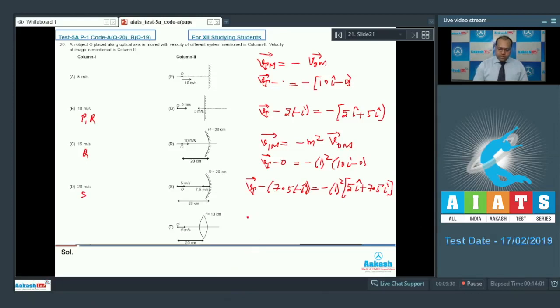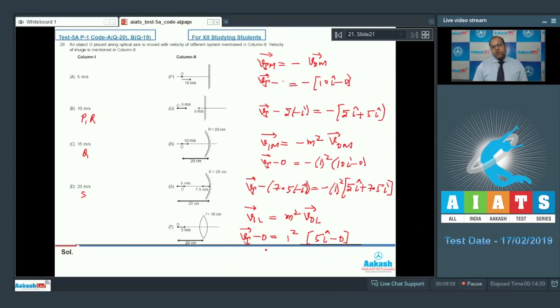And in the case of lens, the velocity of image with respect to lens is equal to m square times velocity of object with respect to lens. So velocity of image minus velocity of lens, that is 0, is equal to, since the object is kept at the 2f, so the magnification is 1 square into the velocity of object, that is 5 I cap minus 0.